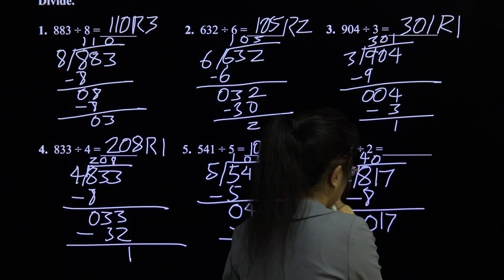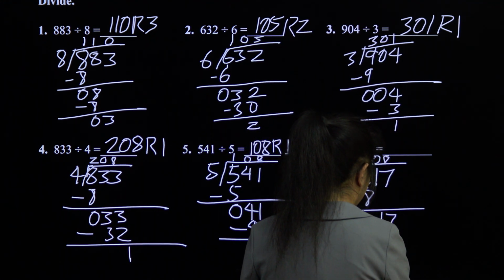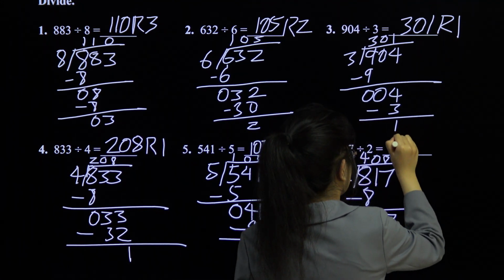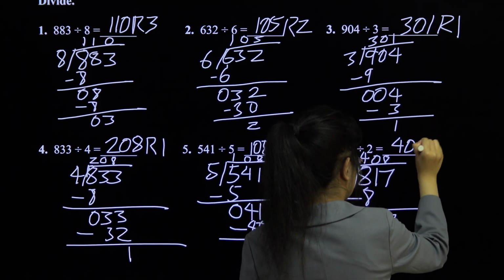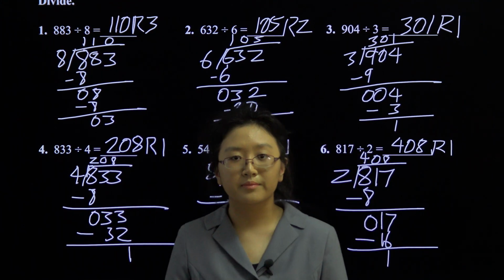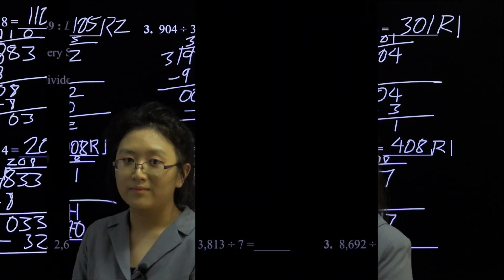That's 2 goes into 17 8 times with a remainder of 1. 17 minus 16, which is 2 times 8, is equal to 1. 408, remainder 1 is our answer. Now we're going to proceed to the next section.